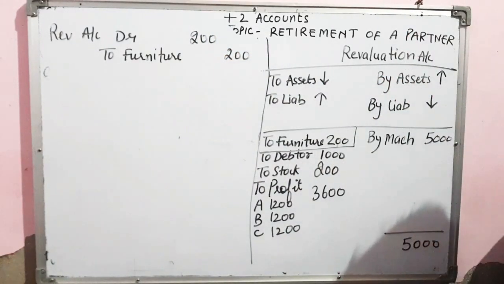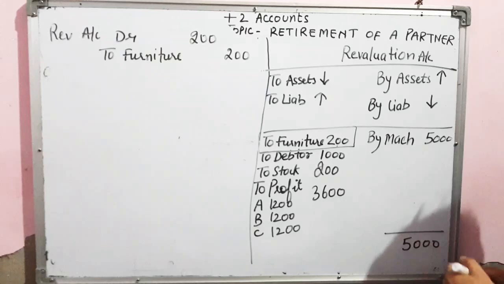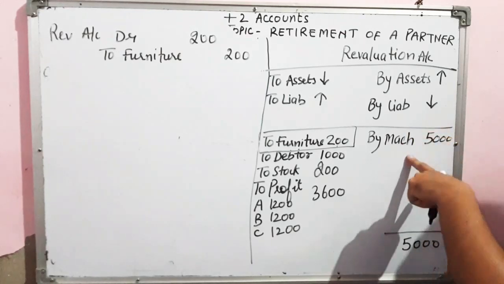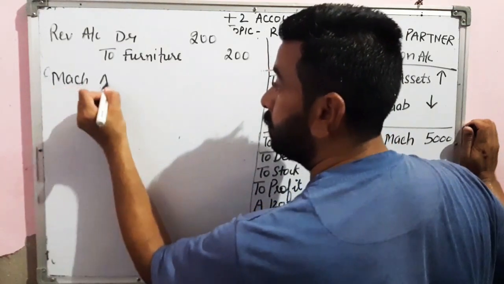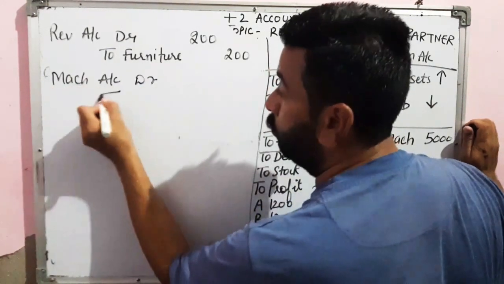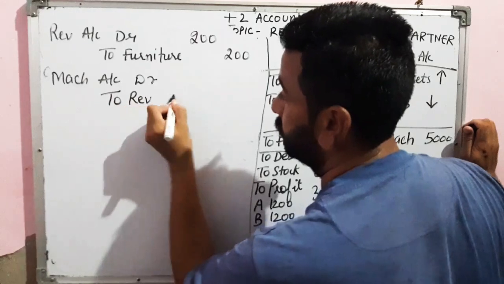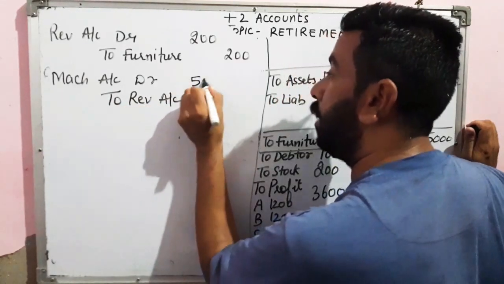Clear? If I want to make the entry of machinery, machinery account debit to revaluation 5,000.